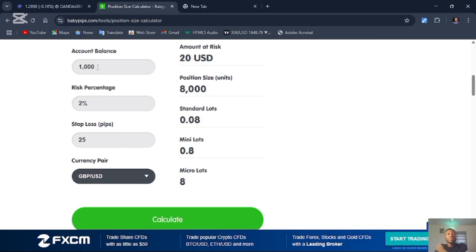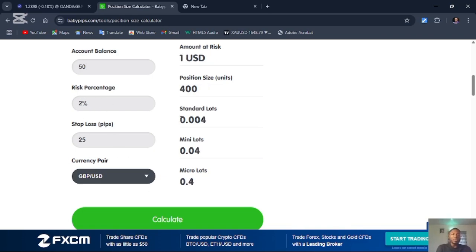Some people will say, what if I'm using an account as low as $50? It's simple. Come here, put in your $50. How much are you willing to risk in your $50? Ideally, since it is a very small account, I recommend you risk 3 to 5% on the 25 pips. But let's just use 2% on your $50.